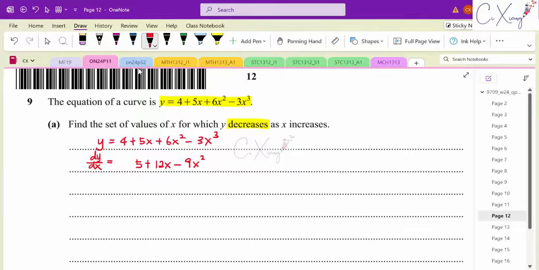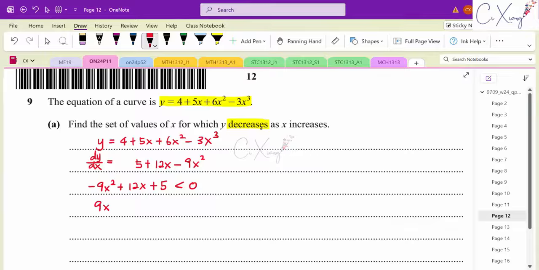Since they are interested in the values of x when the function is decreasing, we are interested in dy/dx smaller than 0. So negative 9x squared plus 12x plus 5 is smaller than 0, meaning less than 0. When I have a negative for the first term, I prefer to make it positive.